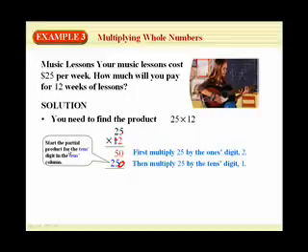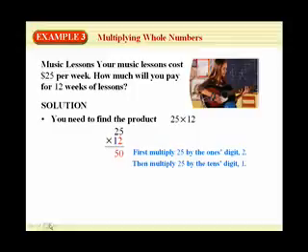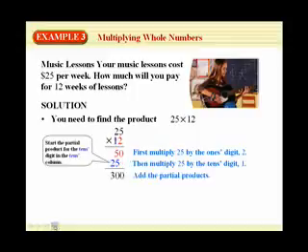The reason they do that is because we're now multiplying by the tens digit. So 1 times 5 is 5. That 5 goes straight under where that digit is. And then 1 times 2 is 2. Then we get ready to add, and the answer is 300. So that's one way, the regular algorithm of a 2 by 2 digit multiplication problem.